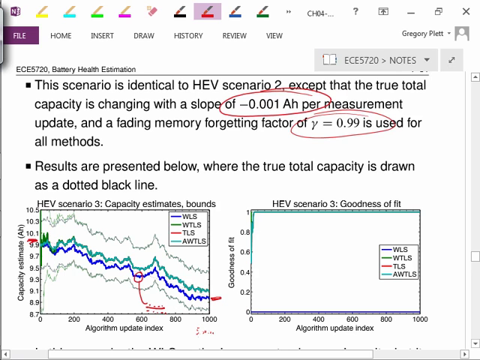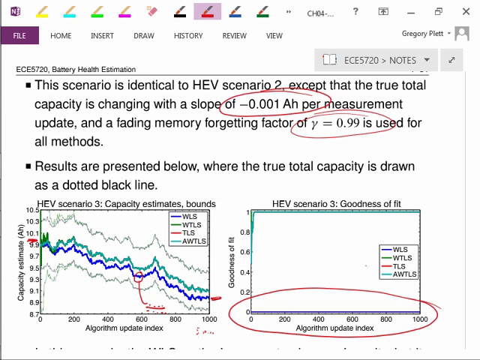Here it looks like the weighted least squares method is not as biased. It's actually maybe doing a better job of tracking the capacity estimate. And that's very interesting. But the error bounds are certainly not reliable. And looking at the goodness of fit, the data shows that the method is not reliable because it's just too confident in what's going on.